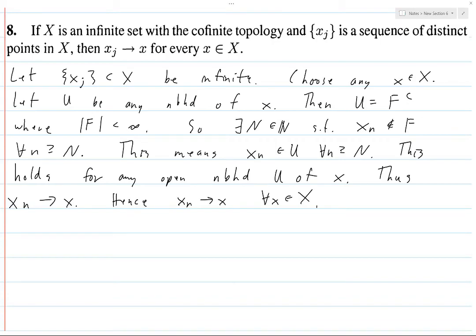So that's the real issue here. That's why you get this crazy amount of convergence: you can't really zero in on any points in this topology because the open sets don't allow you to do that. And yeah, that's all we need to do for this exercise, and so now we're done.